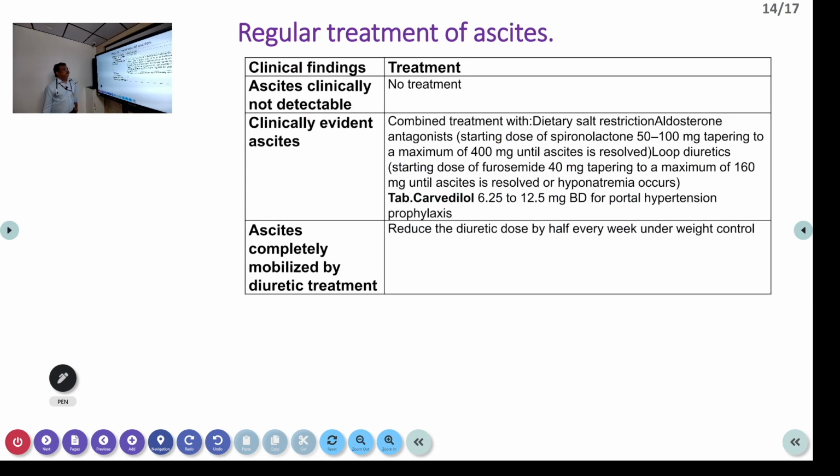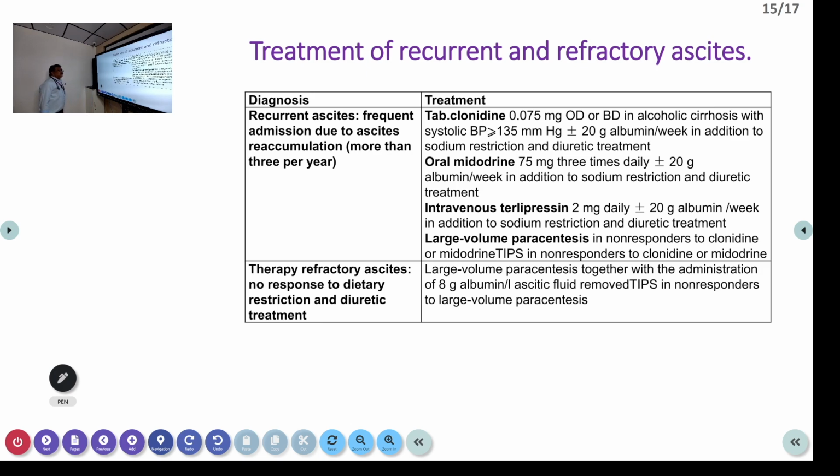So if you see in a nutshell the regular treatment of ascites, we already discussed diuretics, carvedilol, and other supportive therapy. In refractory ascites, one important drug is clonidine or midodrine.